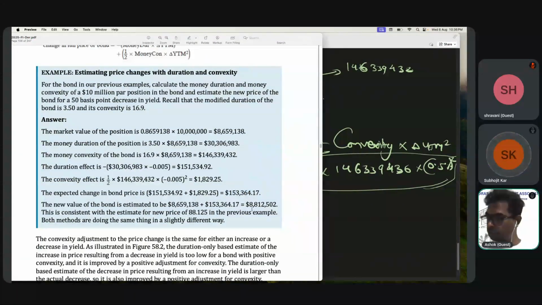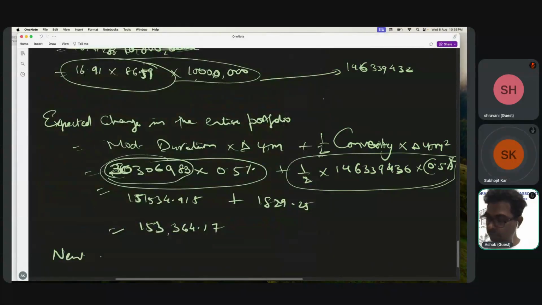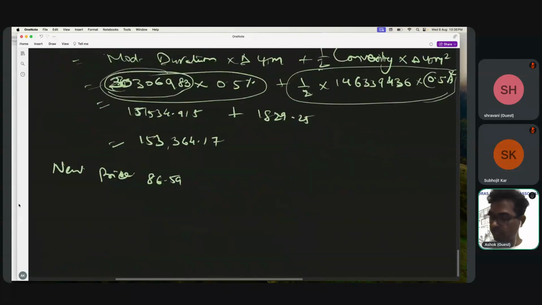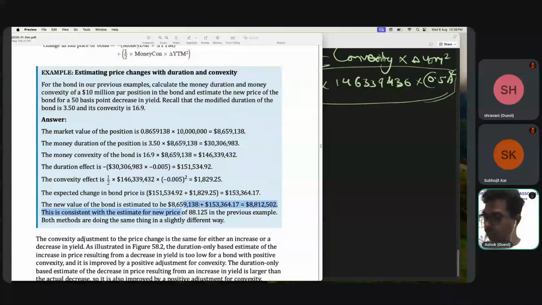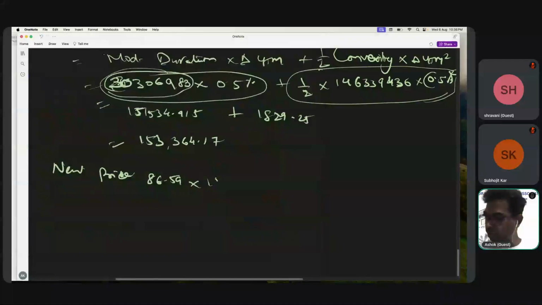So if this is the expected change, initially this is the price. So the new price will be 86.59, they have taken full decimal, 86.59 into 10 million.